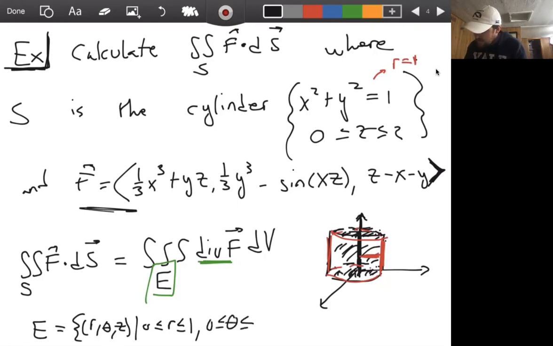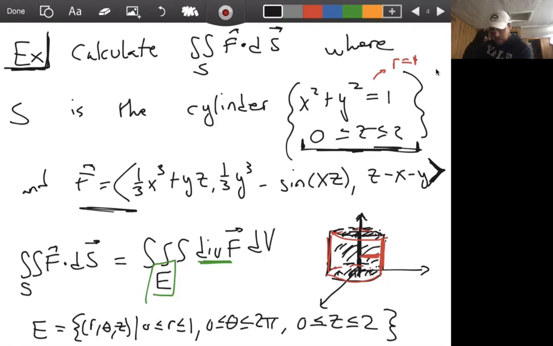It runs from 0 to 2 pi. And then we have a height of 2. Z is unchanged when you convert to cylindrical coordinates, and so that means we have z between 0 and 2. This is now a nice description of our region E in cylindrical coordinates.